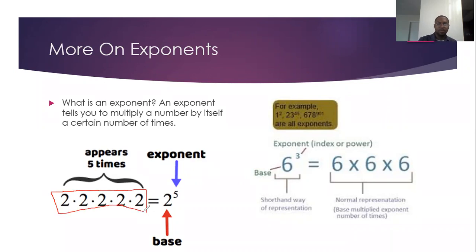That's fine. 2 to the 5th is 2 times 2 times 2 times 2 times 2, which is 32. So an exponent just tells you to multiply by itself a whole bunch of times. All right, and that's important. We'll get to that in a second.